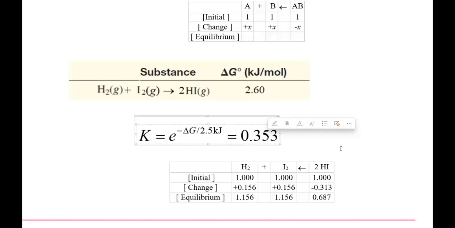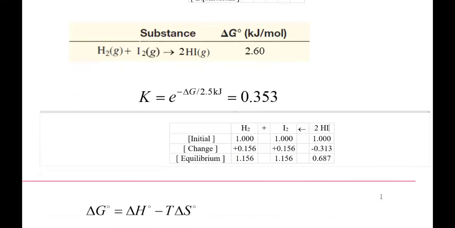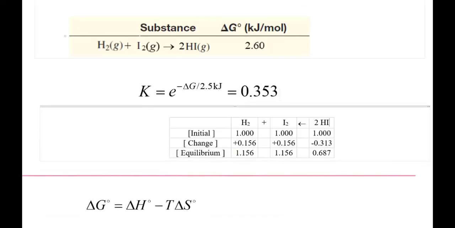It's 0.355. And the K is the products over the reactants. So we're going to lose some of our products. They're going to no longer be 1. I did the calculation. It's one where I had to use Solver, and you wouldn't be expected to figure that out, but I wanted to show you what happens if you have a positive Gibbs free energy. Notice we started off at 1, and this wasn't a huge Gibbs free energy.